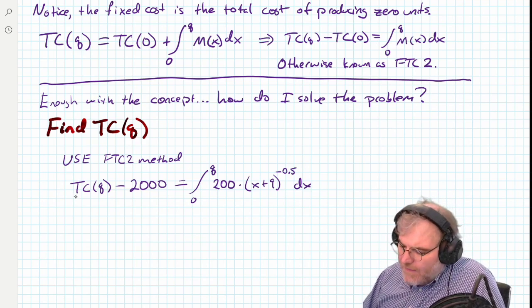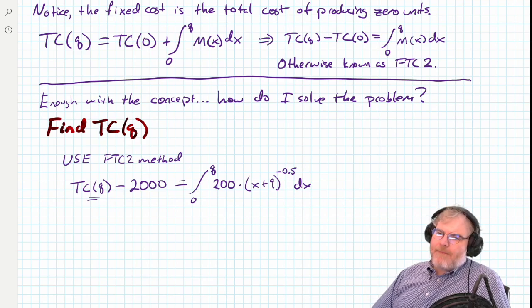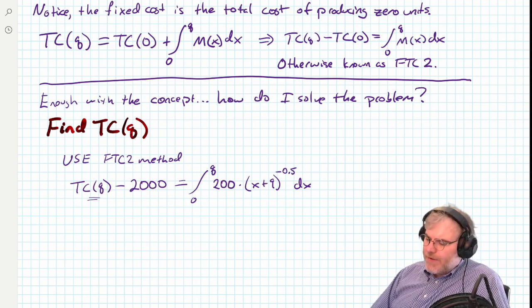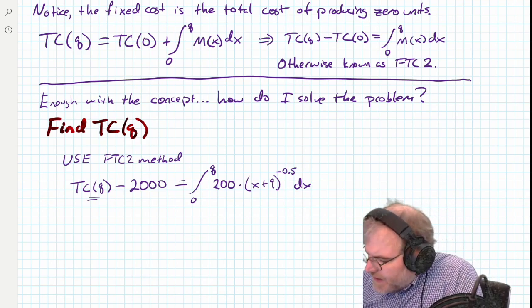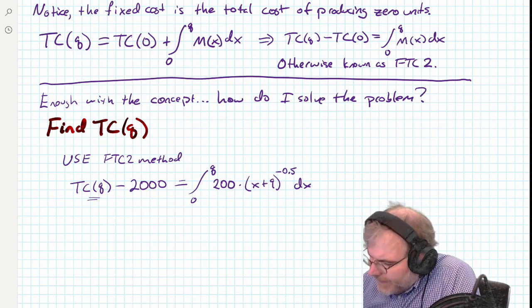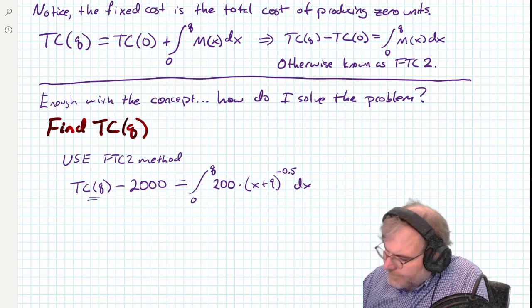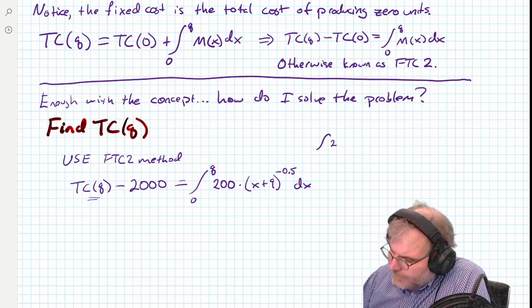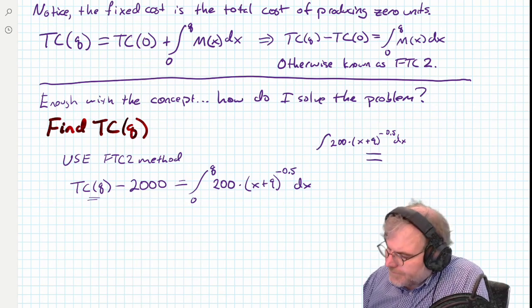I want to find that number or that formula. So what I'm going to do is just take an antiderivative here. Okay, again, I'm going to ignore this for the moment.